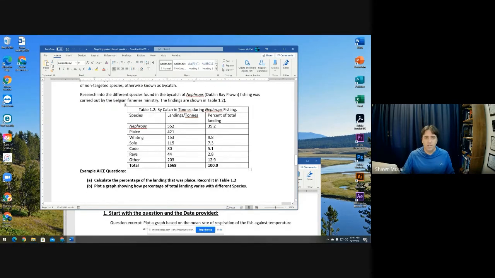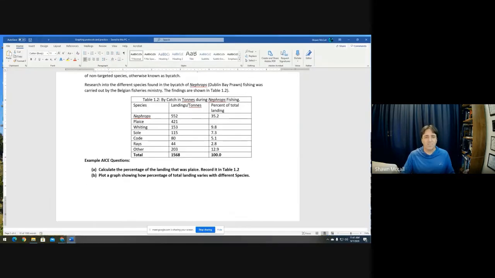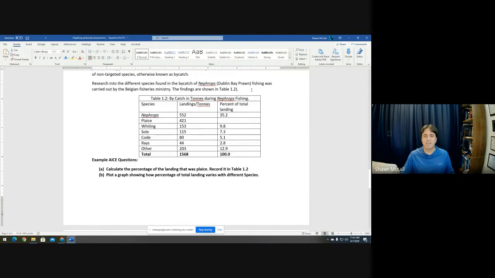So here you see table 1.2, bycatch in tons, and that's the British way of spelling tons, by the way. I looked it up because people kept asking me. So catch in tons during Nephrops fishing. In the first column, we have the number of landings or tons.